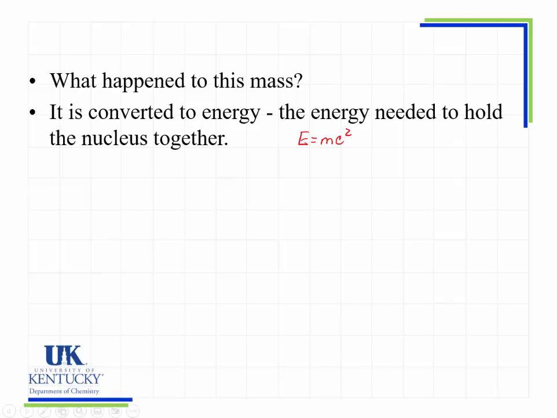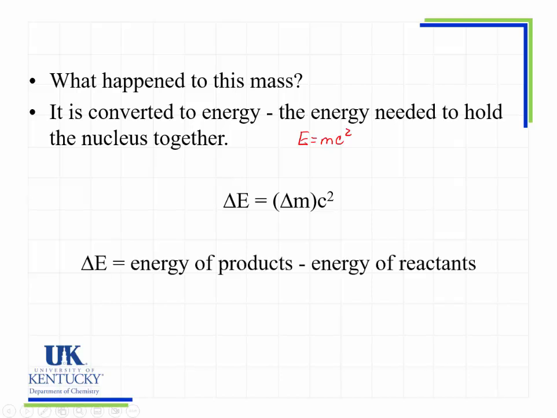Okay, energy is mass times the speed of light squared. So if we're talking about mass defect, we'll do it in terms of delta. Delta E is the difference between the energy of, and delta is always final minus initial, products minus reactants. Let's think of it this way: the energy of the pieces minus the energy of the whole nucleus.